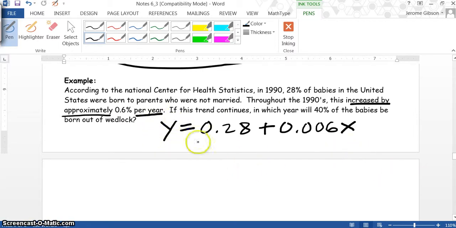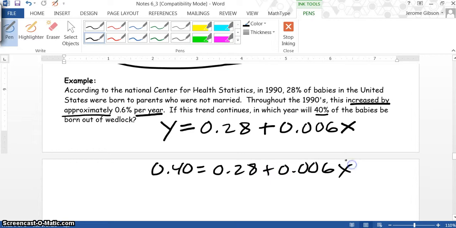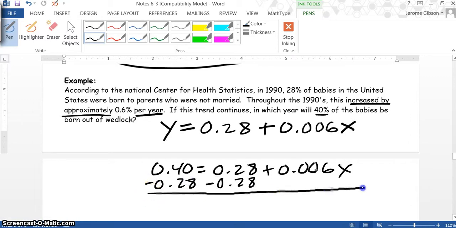Okay, so now we're given here 40%. So 40% will be our y, which we'll write as 0.40 is equal to 0.28 plus 0.006x. Now we want to get x by itself, so we will subtract 0.28 on both sides.